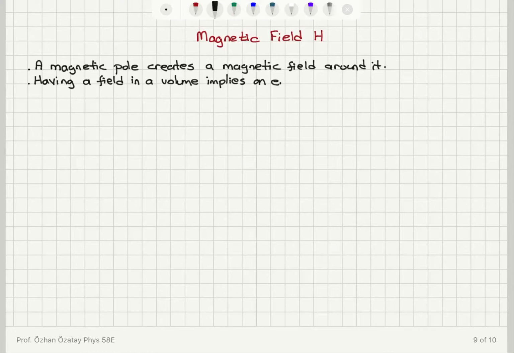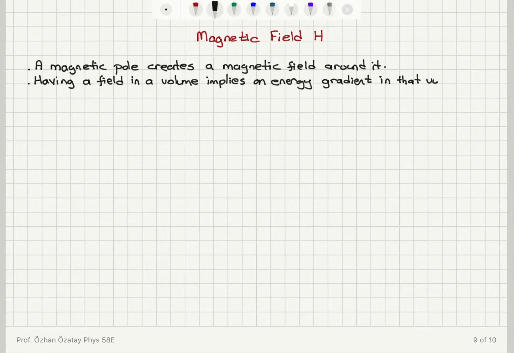So we have a change of energy with distance from a reference point in this volume. So there is an energy gradient in that volume.